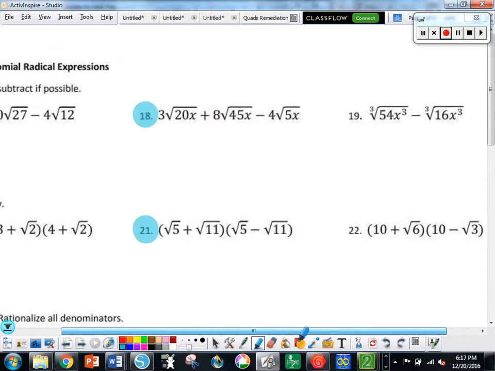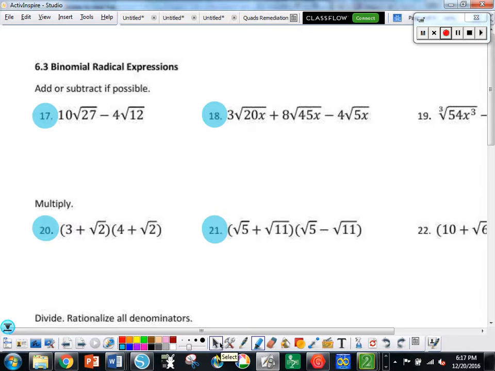Alright, number 17. Let's add or subtract these. You can't add or subtract them unless they have the same radicand, the number inside.